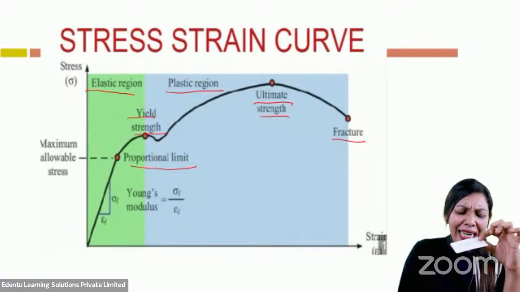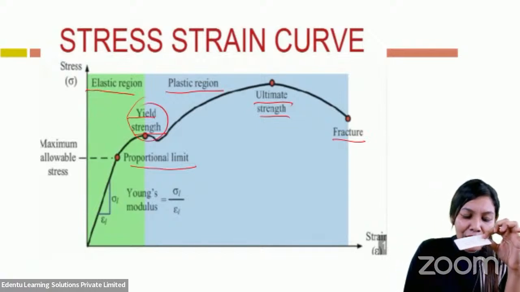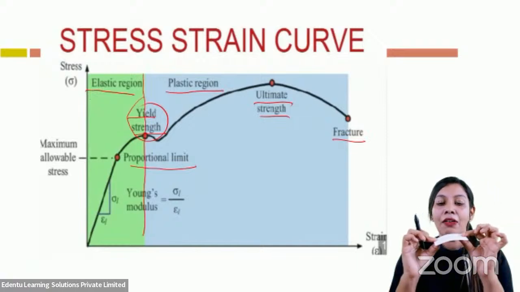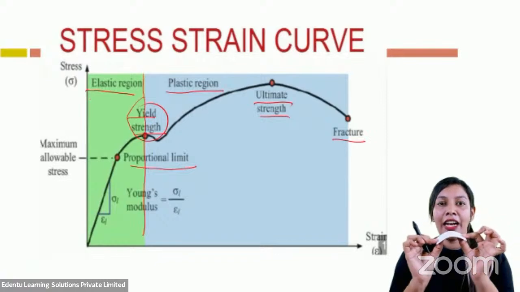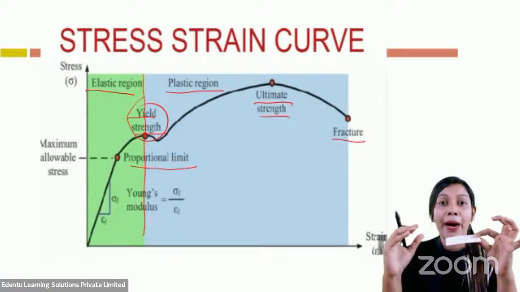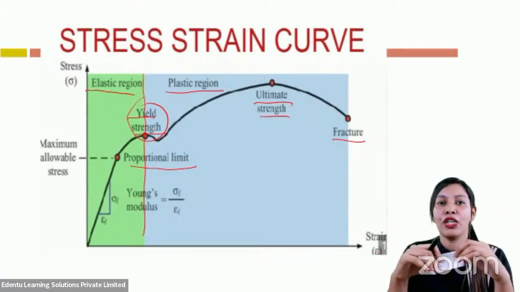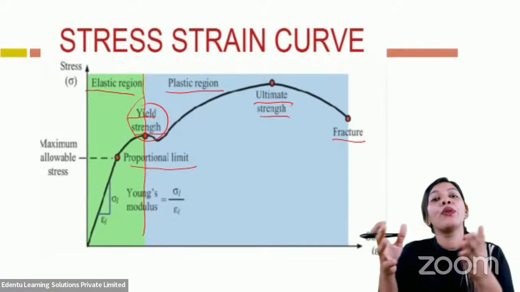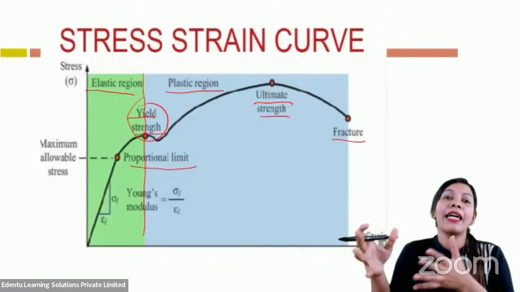So what is yield strength? You can see yield strength actually comes under the elastic region. That means, in yield strength also, when a material is bent, it comes back to its normal position, but stress is not directly proportional to strain. When I apply a force of 5 Newton, it produces a change accordingly.